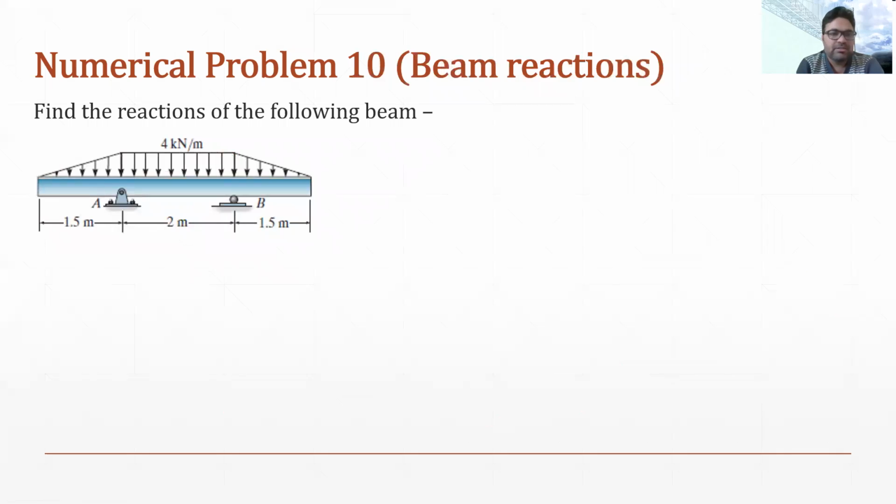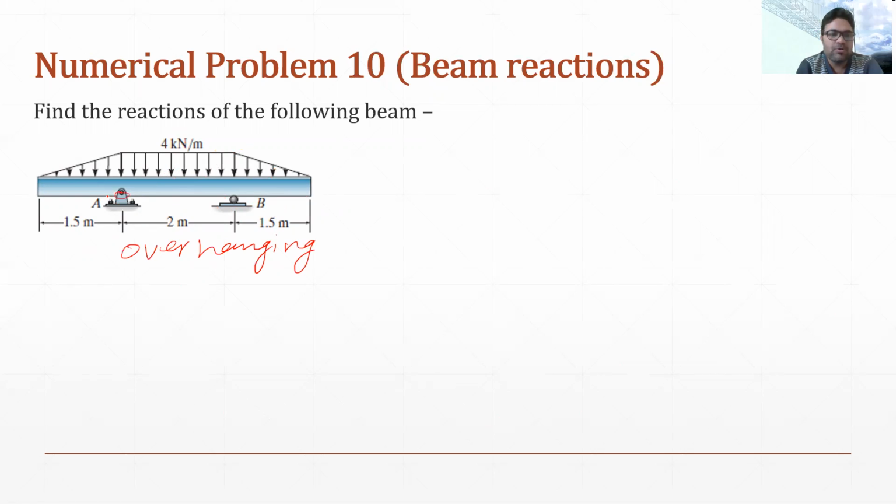We can calculate the reactions for this beam also. In this beam, you can see the load is symmetric. First we will consider the case of the beam. You can see this is an overhanging beam, and this time the overhanging is on both sides.